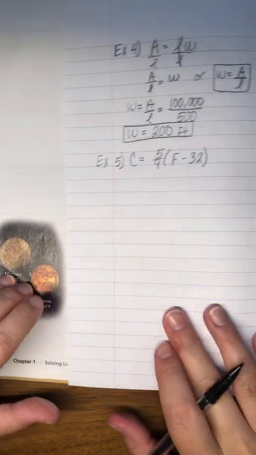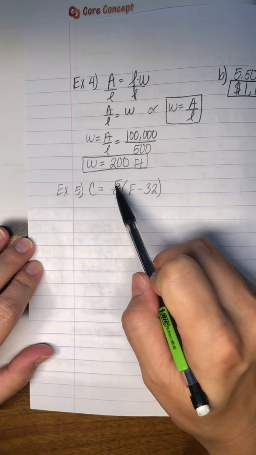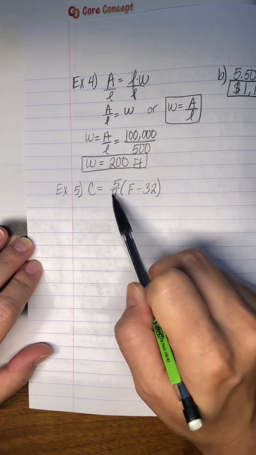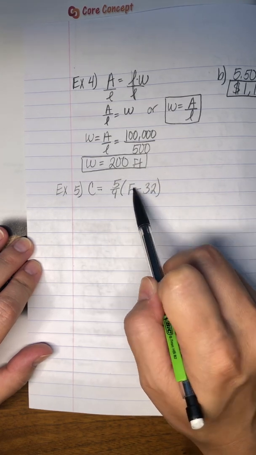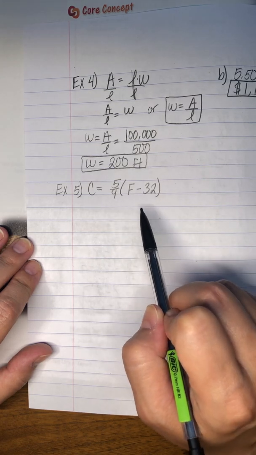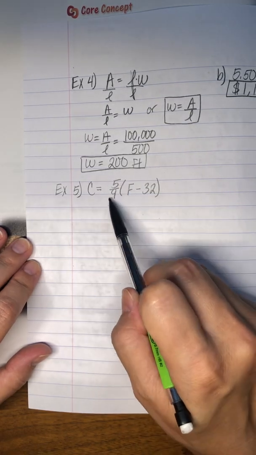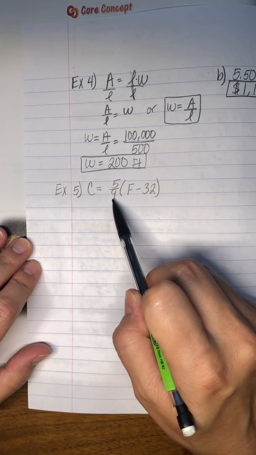Let's solve this equation. If I want to solve for F, I know what some of you are thinking. Maybe we should distribute. But if we do distribute, then that gives the 5/9 into this equation and it makes it more complicated. Instead of distributing, the best idea would be to get rid of this 5/9. Let's get rid of the fraction first.